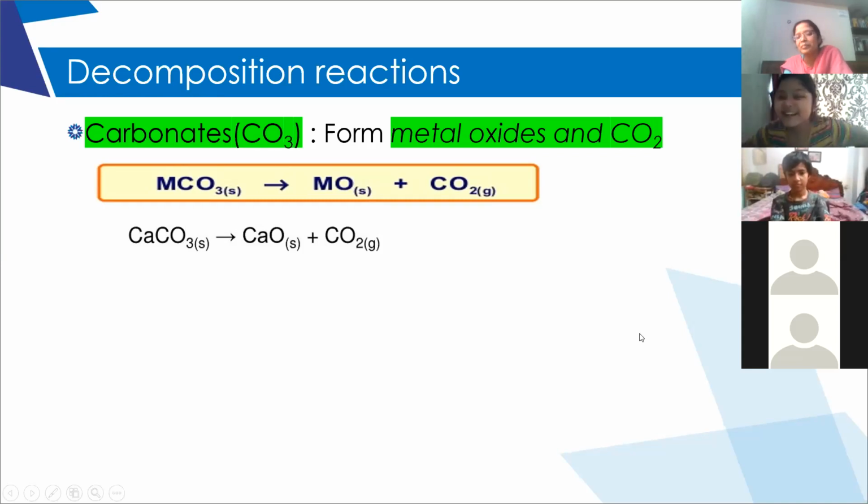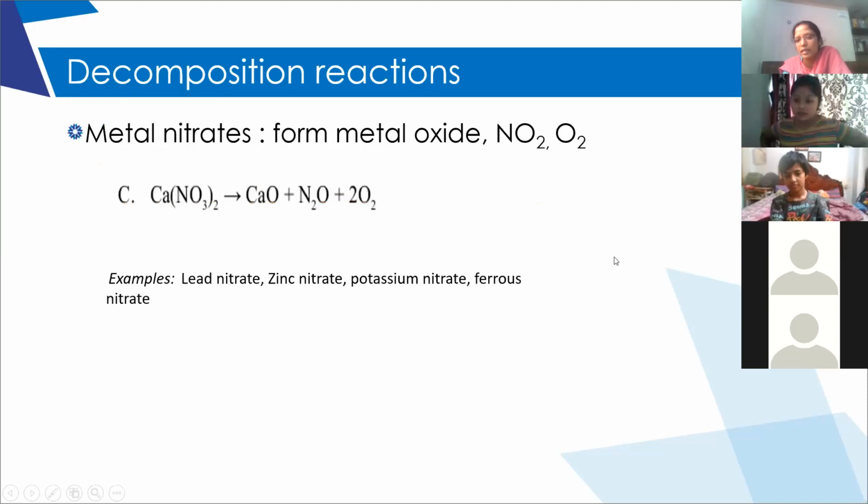Clear? So any metallic carbonate, upon decomposition, gives metallic oxides and carbon dioxide. The last one is metal nitrates. Nitrate is NO3 minus 1, the nitrate ion. Any metallic nitrate forms metal oxide and releases NO2 plus oxygen.